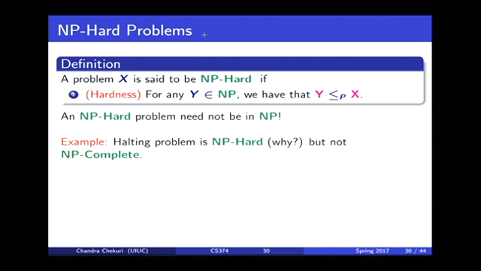It means I have to use the characterization of NP using certifiers. What are certifiers? They are programs. So you have to really use the Turing machine model, and it's going to be a meta proof rather than a concrete proof. Because of that, the details of the proof are not difficult once you understand what is being done, but getting to this meta level requires some thinking: what is being asked?